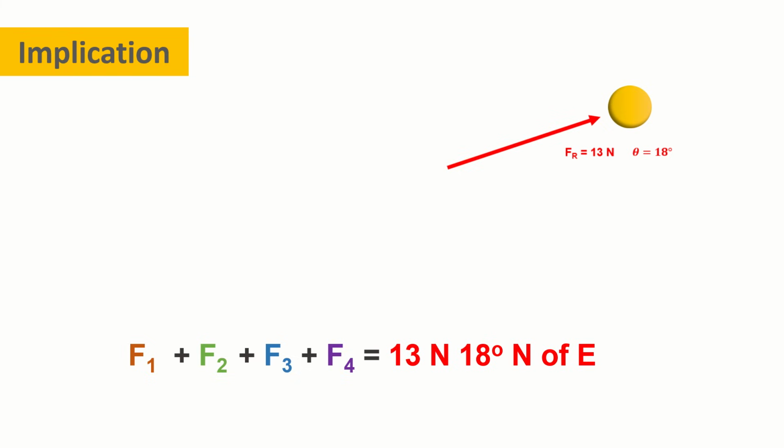Okay. So, that will end this solution for our sample problem number 2. In our next video, we are going to discuss how to perform vector addition using component method.